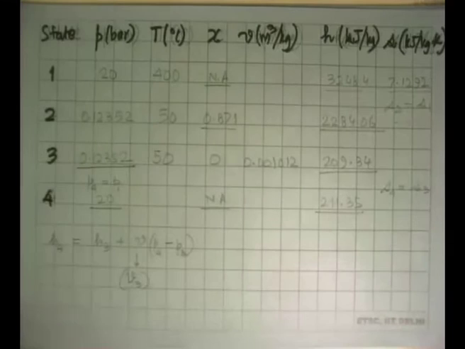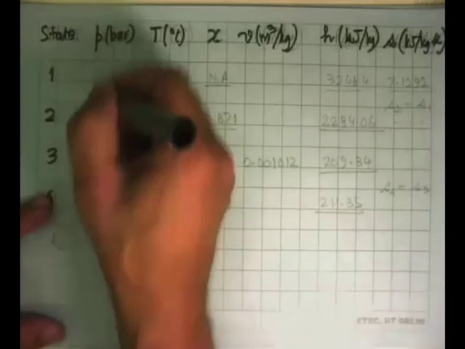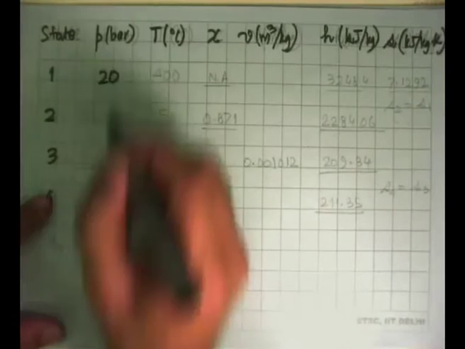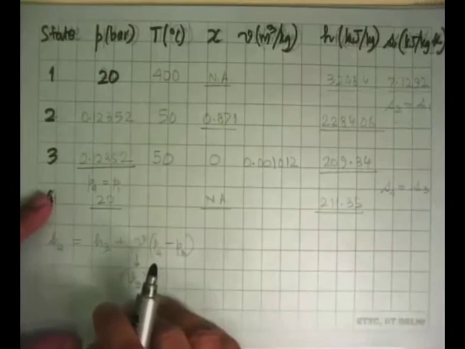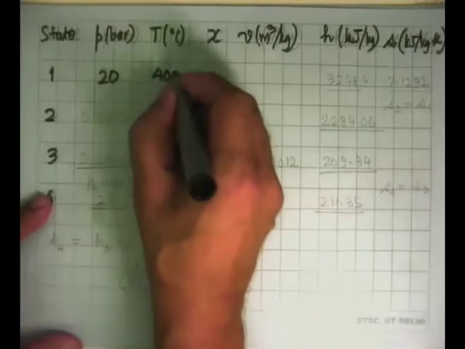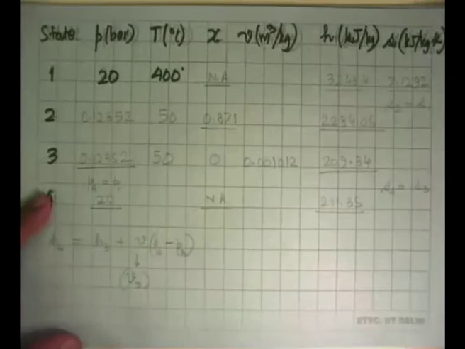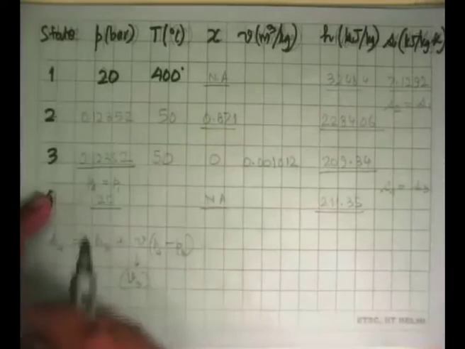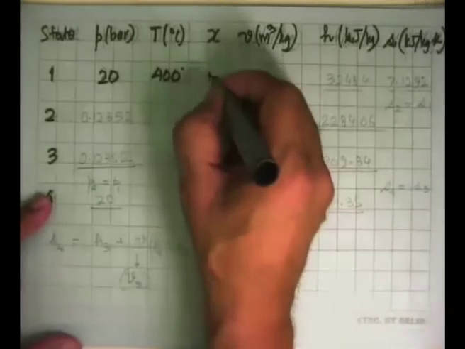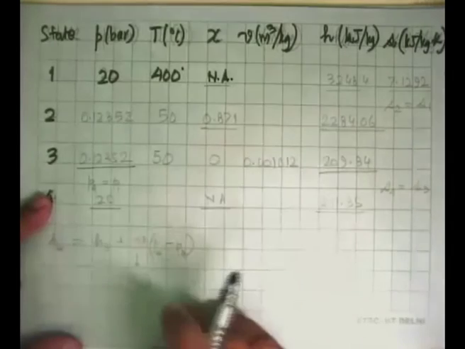And now let us first write down what do we know about this system. The first is the pressure is given at state 1 as 20 bar and the temperature is given as 400 degrees Celsius. And if we look at the property tables, we know that this becomes superheated, so dryness fraction is not applicable.